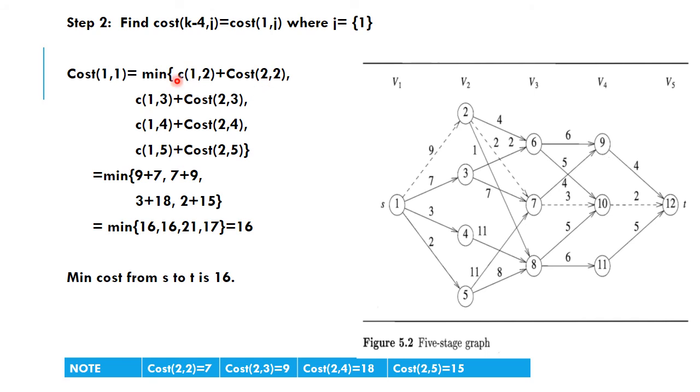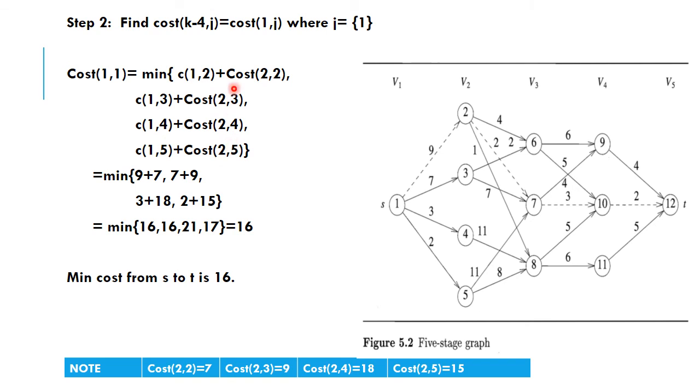So first with 2, what's the formula we can write? C of 1 comma 2 plus cost of 2 comma 2, C of 1 comma 3 plus cost of 2 comma 3, C of 1 comma 4 plus cost of second stage fourth node, C of 1 comma 5 plus cost of second stage fifth node.